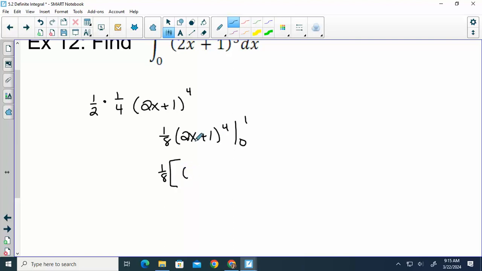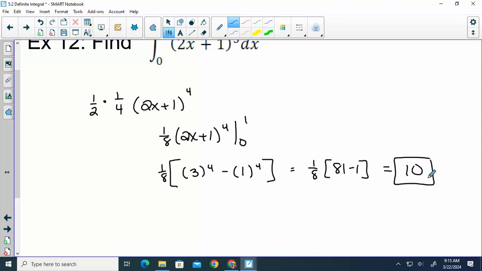If you put in a 1, 2 plus 1 is 3 to the 4th. Minus, if you put in a 0, you get 1 to the 4th. 3 to the 4th is 81 minus 1. So you get 1/8 times 80, which is 10. So you have to make sure you're watching for that chain rule.